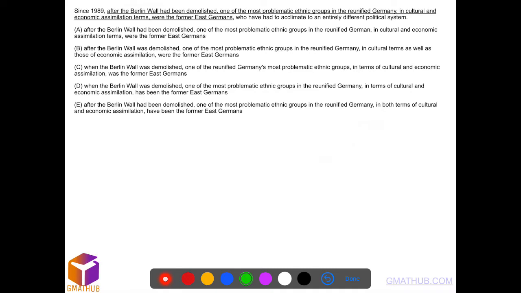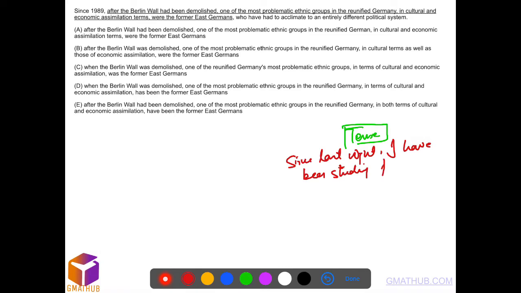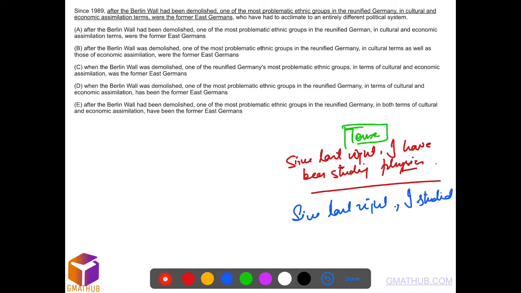So in this question, use of tense, the right tense is the main thing. For example, if I say "since last night I have been studying physics" versus "since last night I studied physics."